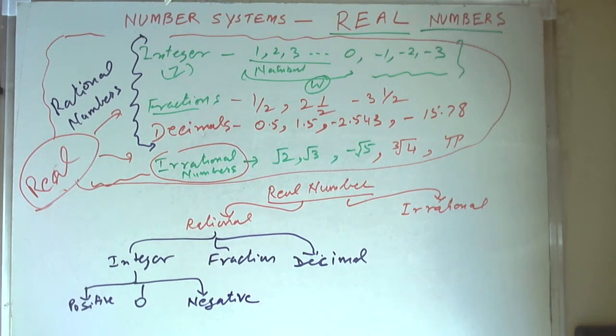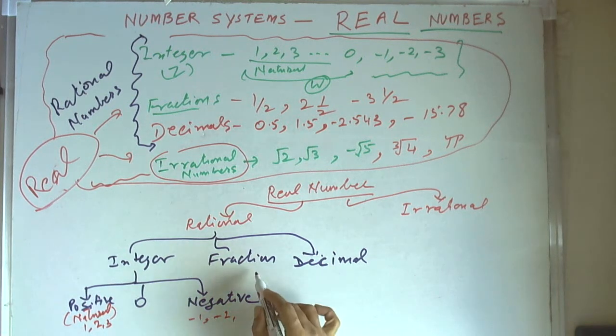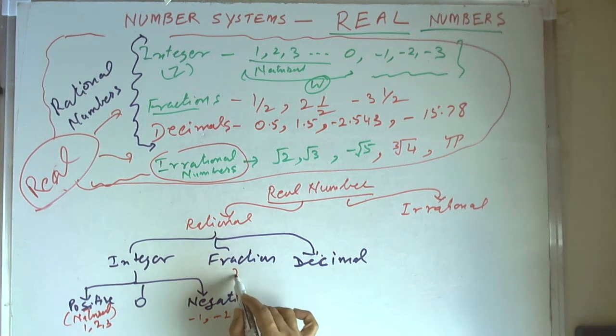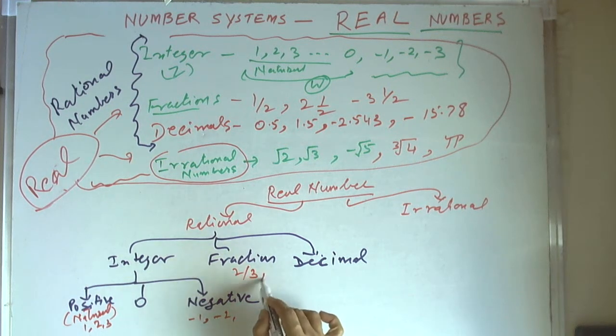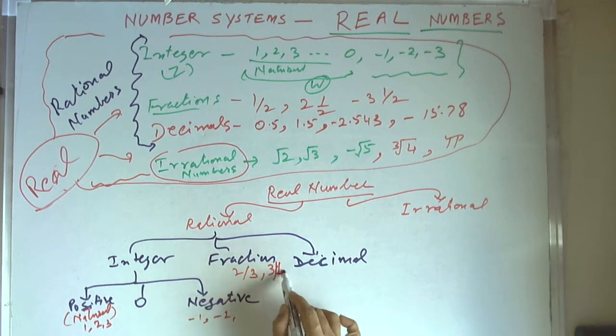Positive integers are also called natural numbers, and the examples are 1, 2, 3. Here the examples are -1, -2. The examples of fractions are 2 by 3, 3/4, minus 5/7.